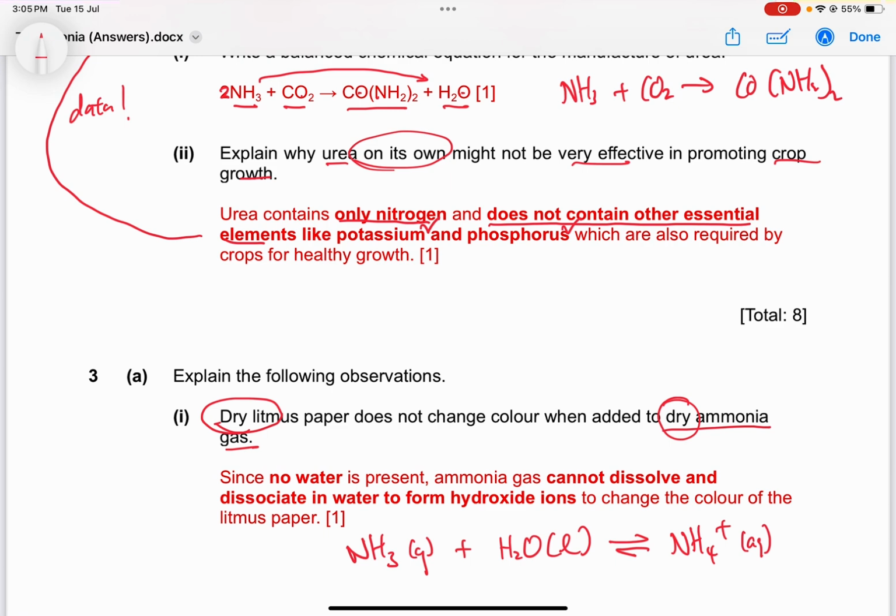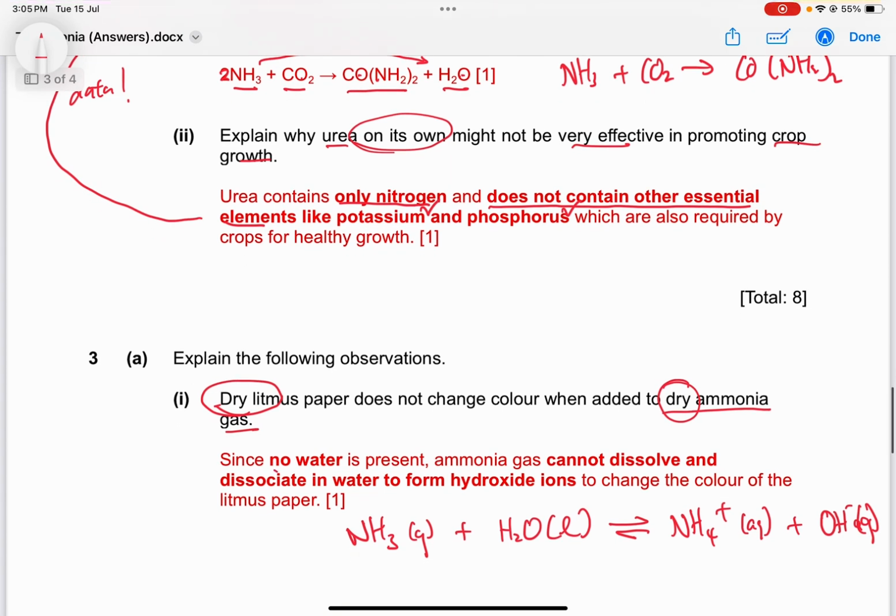Nothing too exciting. But what causes the litmus paper to change color is the hydroxide ion produced, which you know is the cause of it being alkaline. So since no water is present, it cannot dissolve and cannot dissociate to form hydroxide ions. So dissolving, dissociating, keywords. And obviously hydroxide ions. Take note of these little things here.